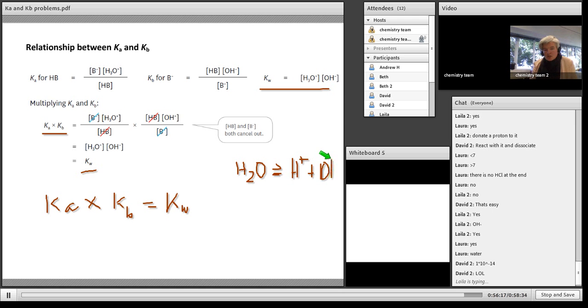and OH minus. Okay, so that equilibrium constant, if you can imagine, we can do the same thing.